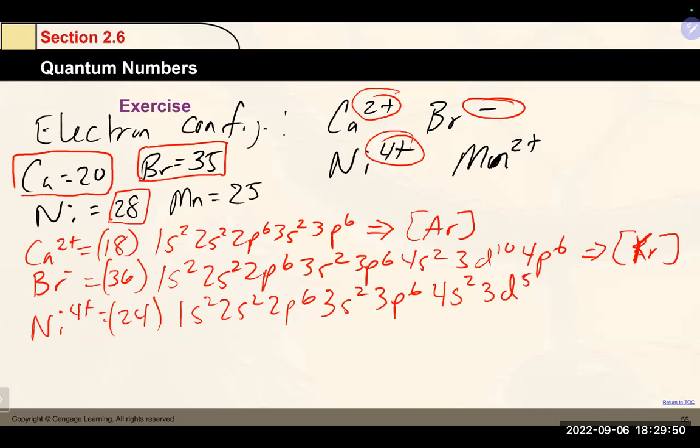At this point, since it is a transition metal, we would want to take 2 electrons from here, right? And then we would also need 2 electrons from there as well. And that would give us the 4 electrons that would be lost. That would yield us an argon 3d3 in this case. Again, this guy would also lose 2 electrons. Any questions on that one there?